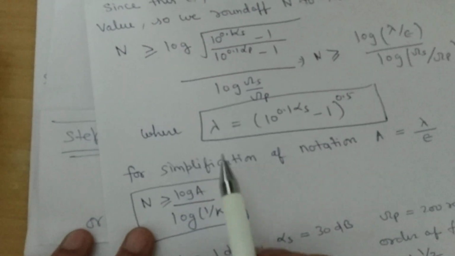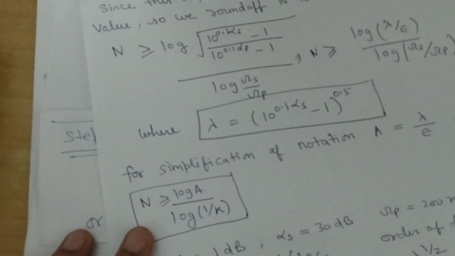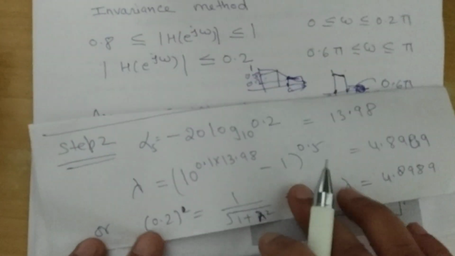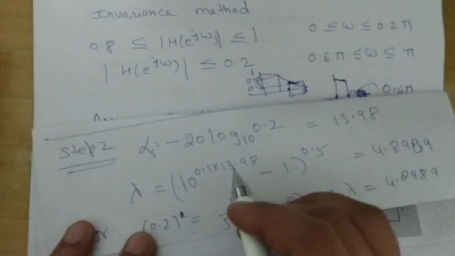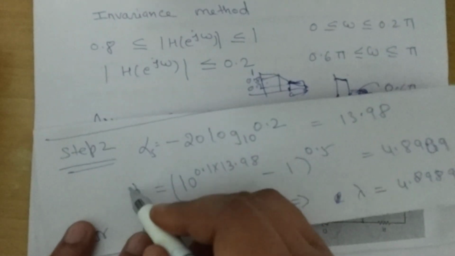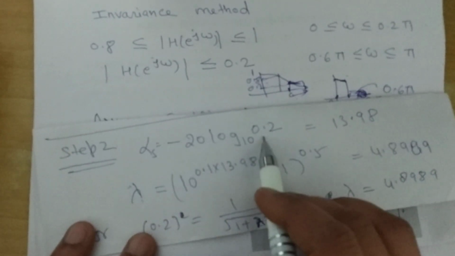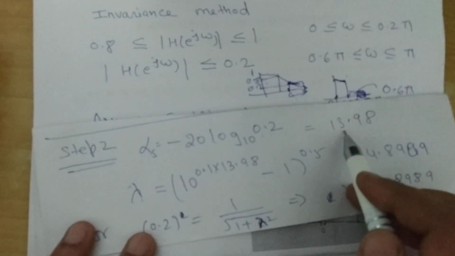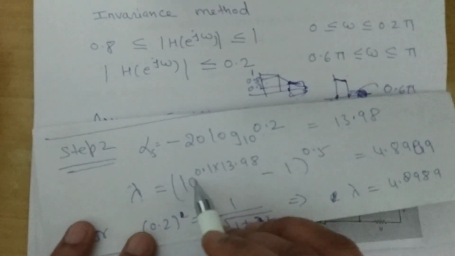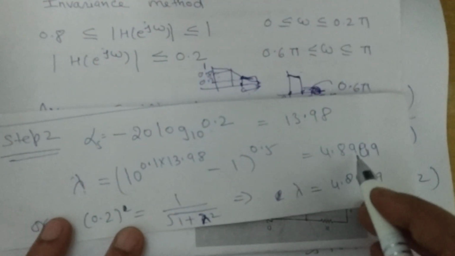Now if you are using this particular formula, alpha s is expressed in dB. So if you want to get the value of lambda by using alpha s, you have to convert the given value onto the dB scale first, find the corresponding value, and then put it in this formula to get lambda.